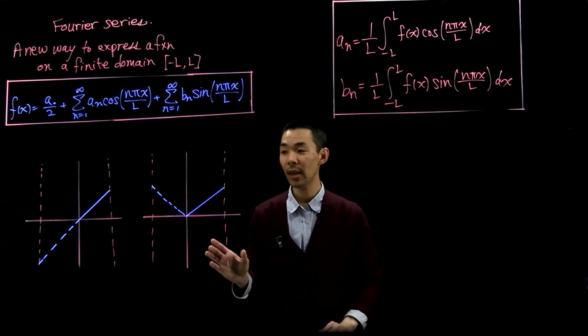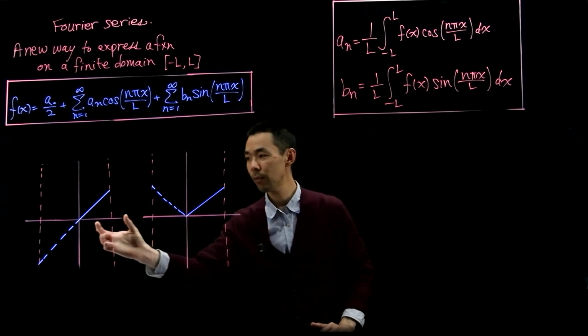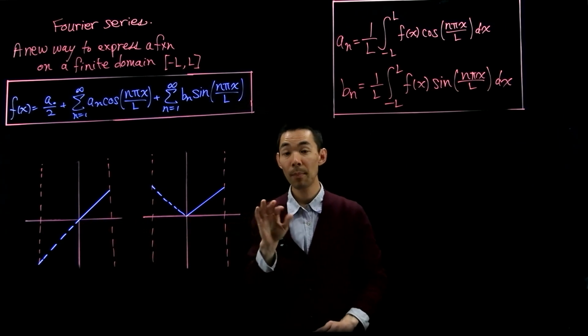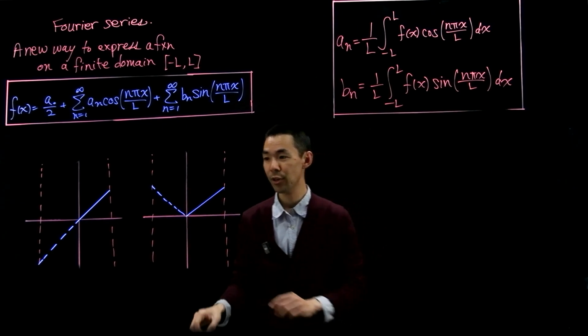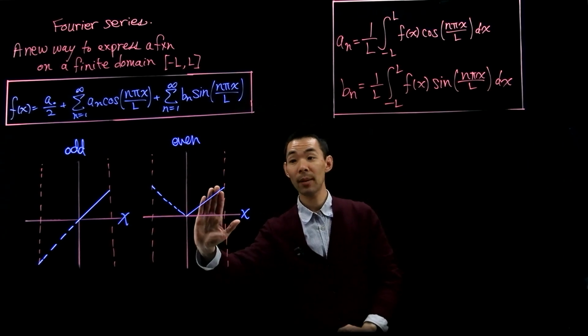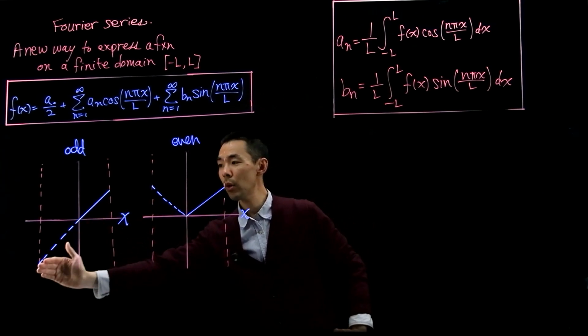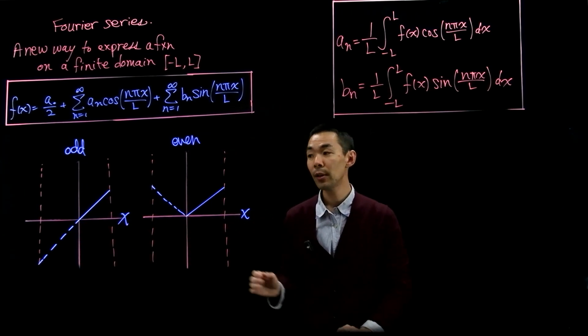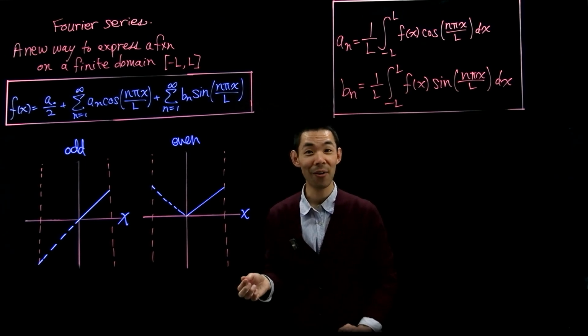So in either case, you're only interested in modeling the domain 0 to L. But under the hood, you're actually extending it either in an even fashion or an odd fashion. You either reflect it about the y-axis, it's an even function, or about the origin, which gives you an odd function.